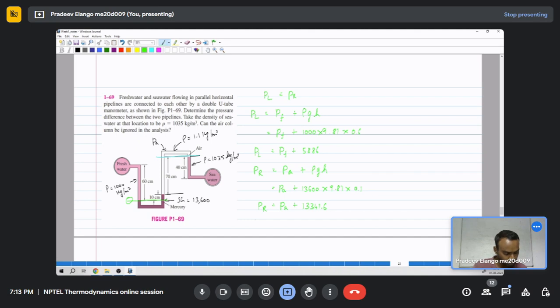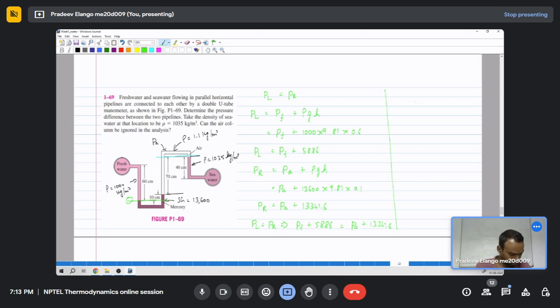So if you equate the left hand side and right hand side, you will find a relationship between PF and PA. So PL equal to PR, which implies PF plus 5886 is equal to PA plus 13,341.6.